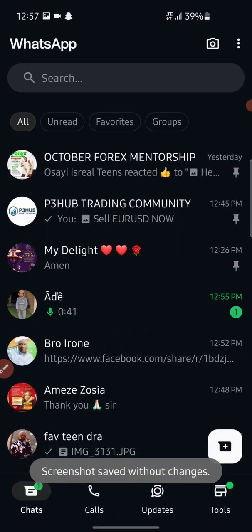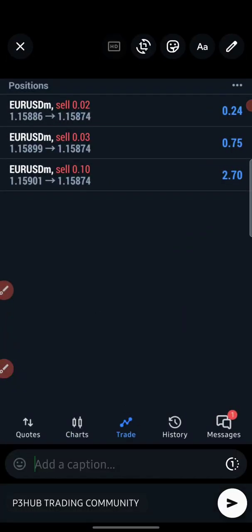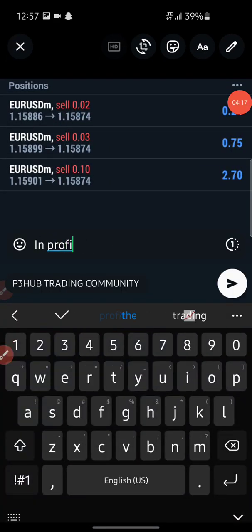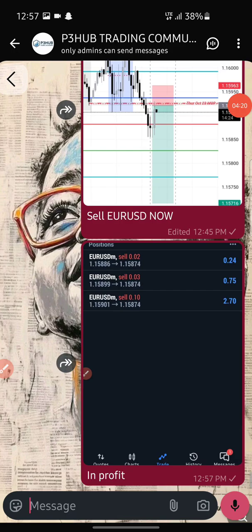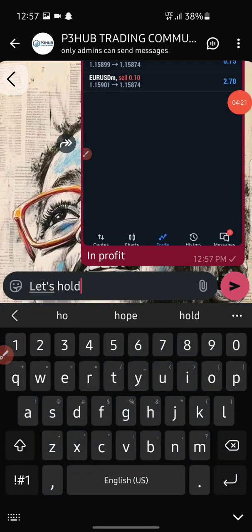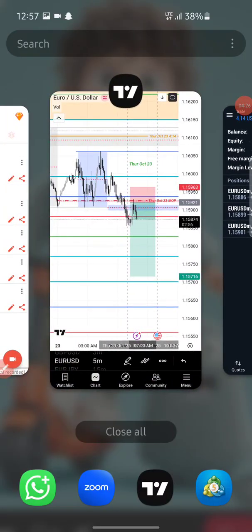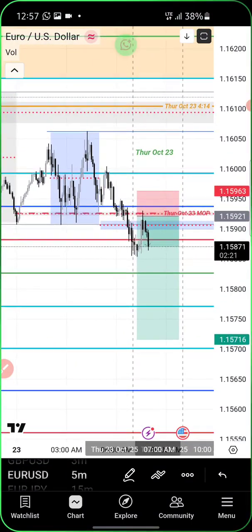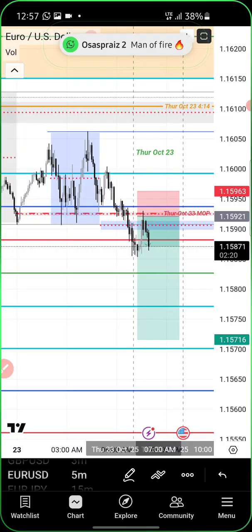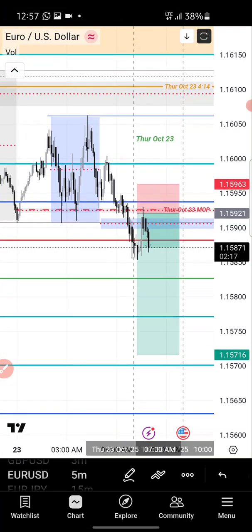We're in profit already. Let's hold. So let's continuously watch and see how price pans out. So price is moving mightily in our favor.